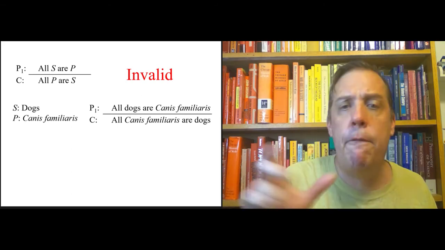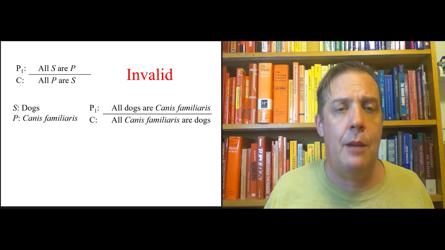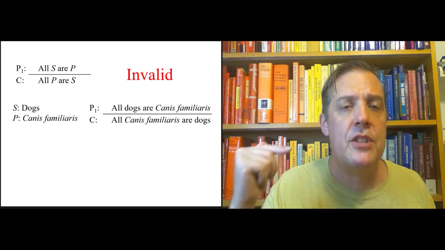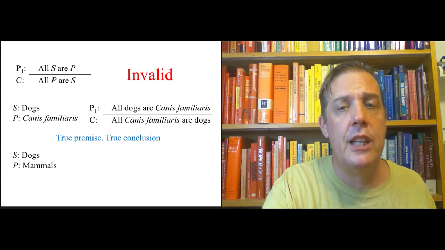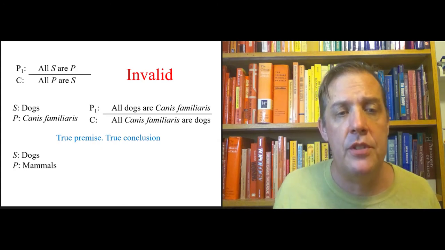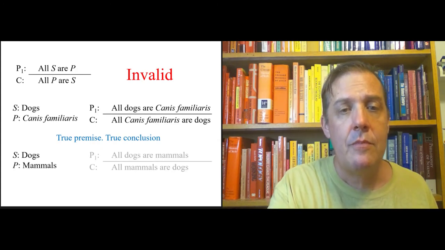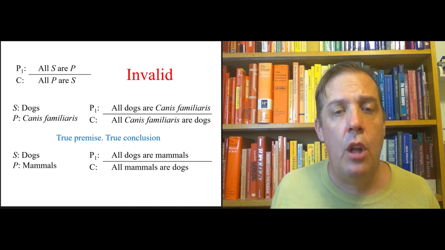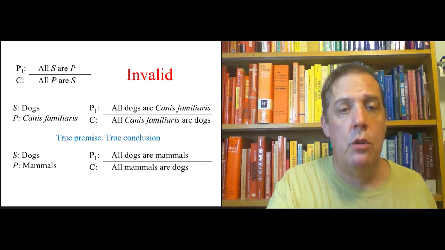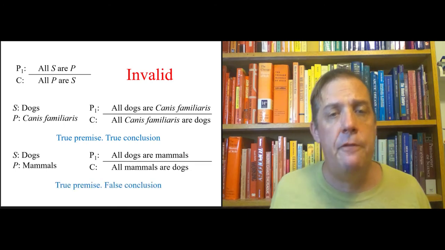It means that format also has situations where the premise is true and the conclusion false. And that's what we get with the dogs are mammals example. When you make S dogs and P mammals, you see all dogs are mammals is true, but all mammals are dogs is false.